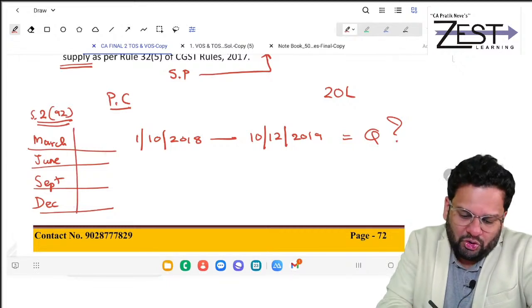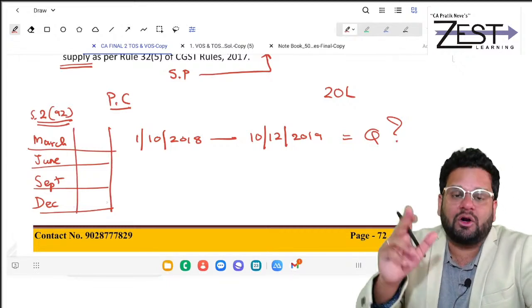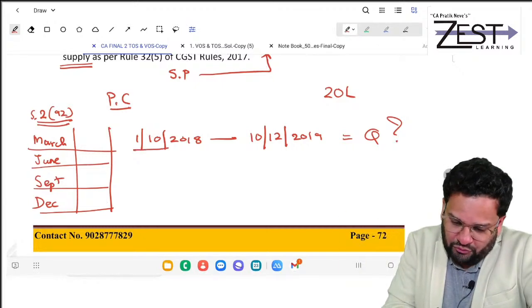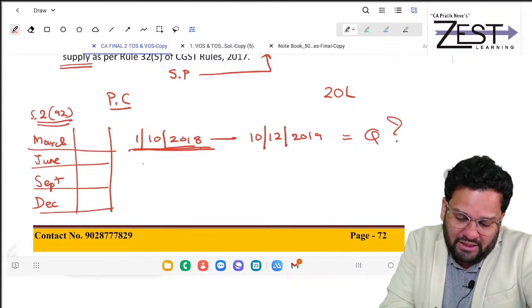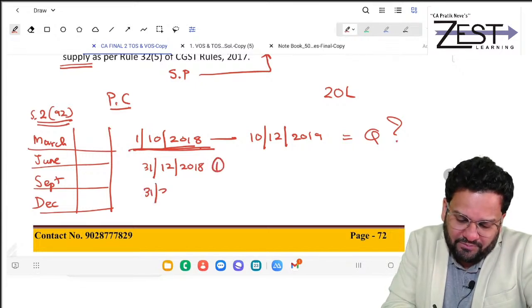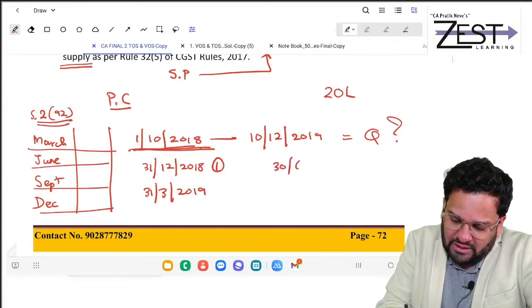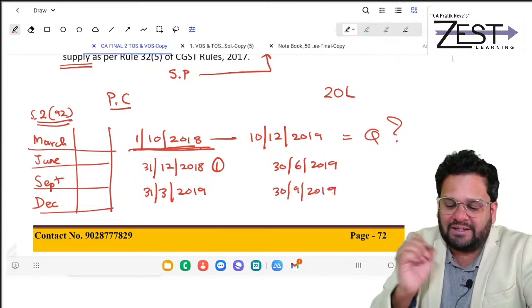Okay, now you have to check how many quarters you are passing through. So from 1st October 2018, the first quarter that will end is 31st December 2018. So this is the first quarter. The second quarter that will end is 31st March 2019. Then 30th June 2019, 30th September 2019.